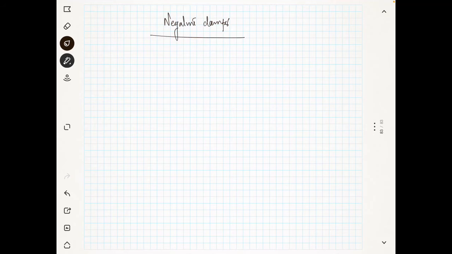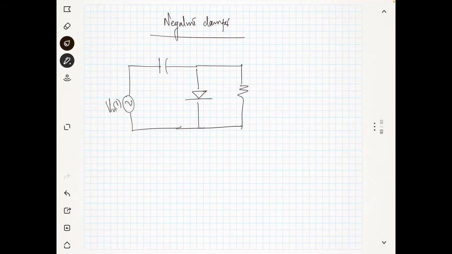The negative clamper will actually be something like this. I will just change the direction of the diode. You have a diode like this, and I will use an electrolytic capacitor, something like this, and this is V in of T. I will use the diode like this, and this is your RL.